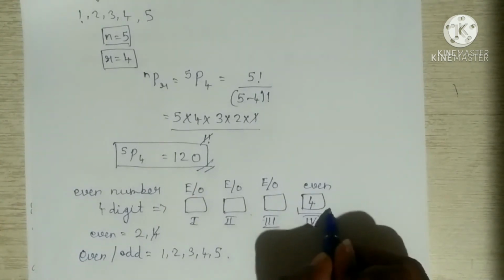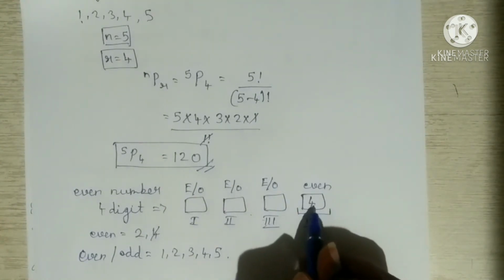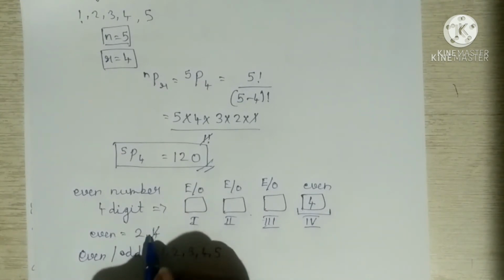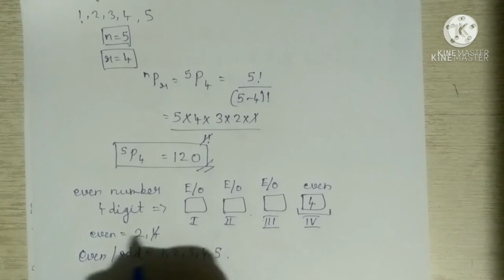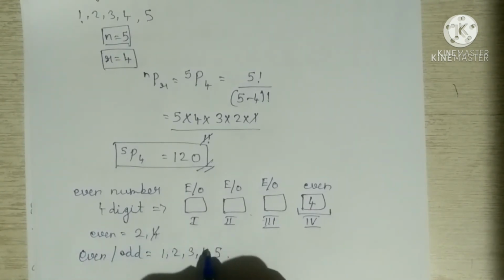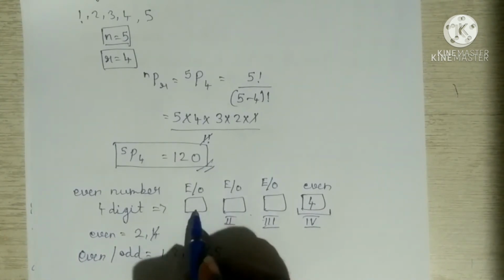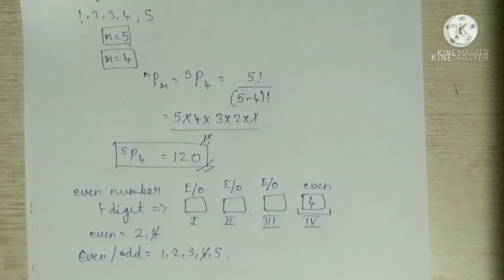In this fourth place, if we consider 4, where no digits are repeated, 4 is cancelled. In the even and odd numbers also 4 will not be repeated. In the first 3 digits also 4 will not be repeated.